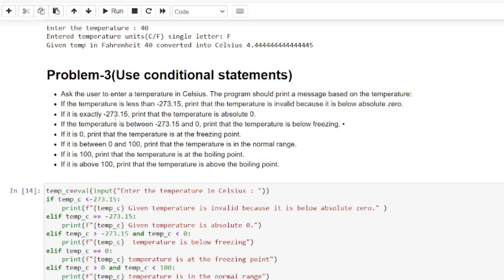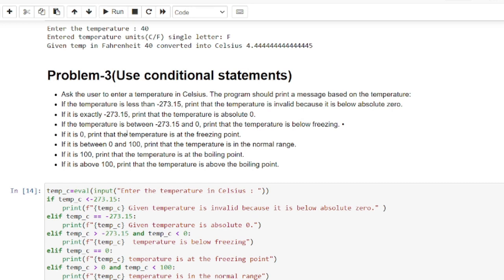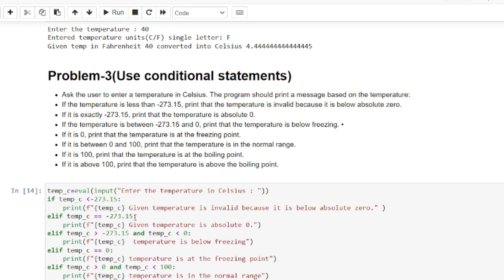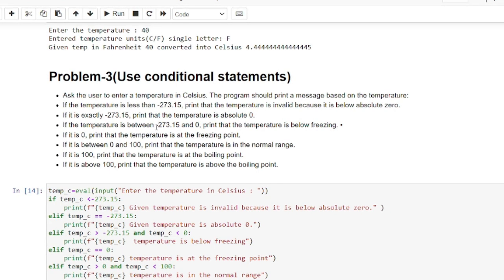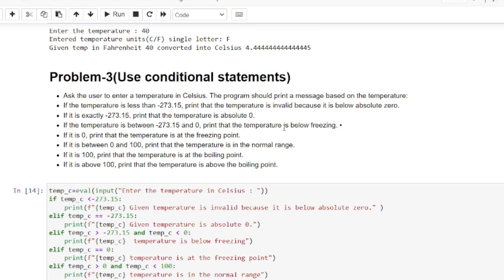If it is equal to minus 273.15, then we print that the temperature is absolute zero. And if it is in between minus 273.15 and 0, we are printing like this.